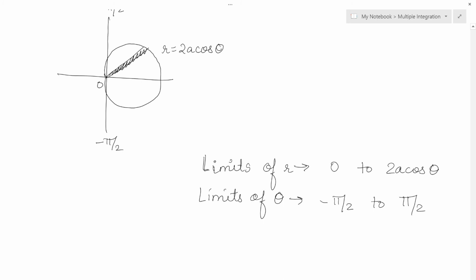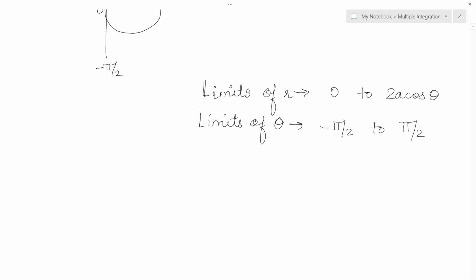Since it is a complete circle, in the earlier example it was upper half of the circle. Fine. So my integration I is double integration of r raised to 4 cos cube theta, right, dr d theta. This is my integration.